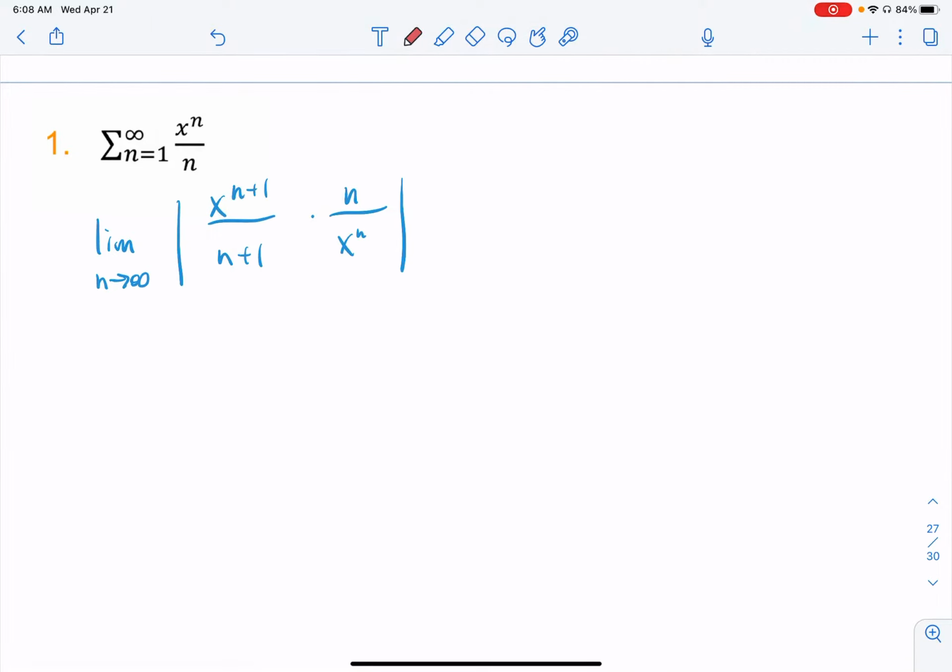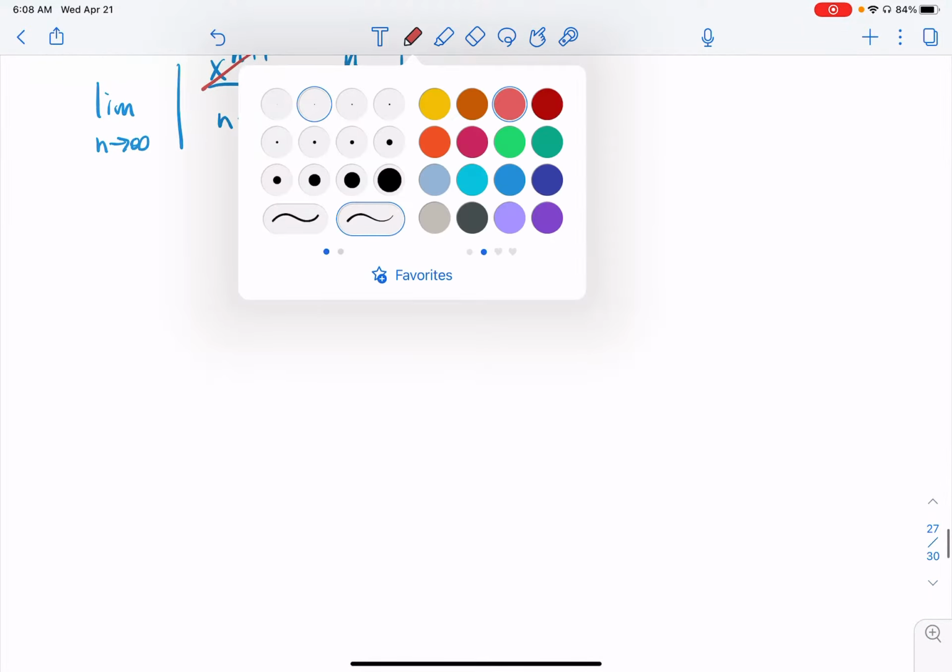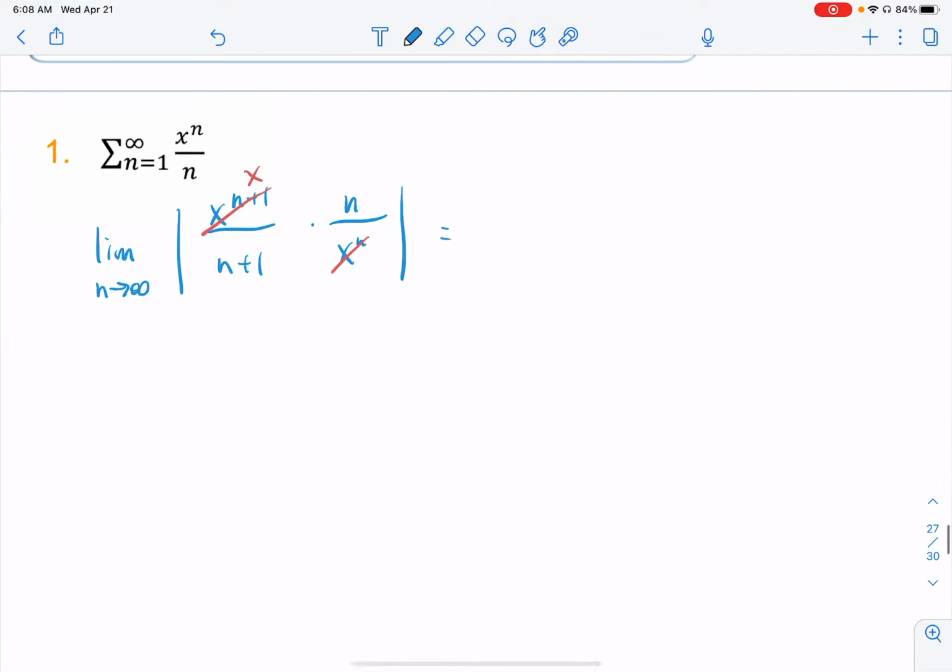And we totally can cancel these and just leave an x whenever we subtract our exponents, right? But there's nothing to cancel here. So here, let me just rewrite stuff. Limit as n goes to infinity, absolute value of, I'll just rearrange some stuff here. So n over n plus 1, and then we just have an x.